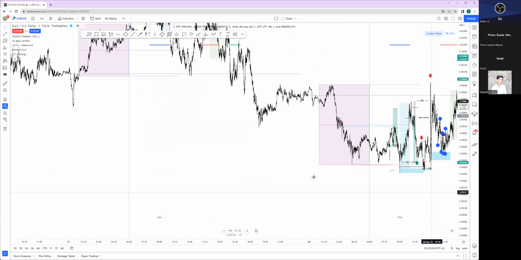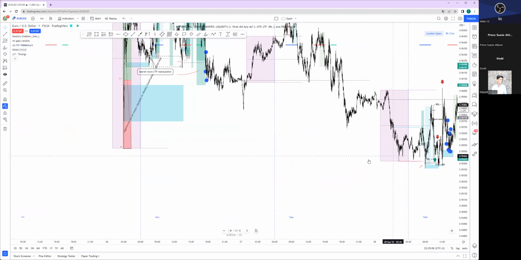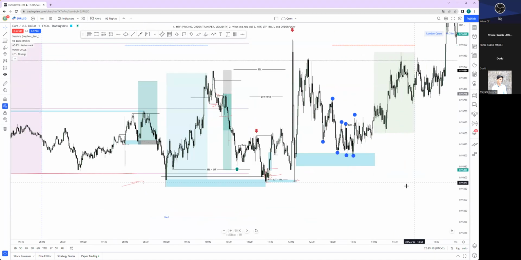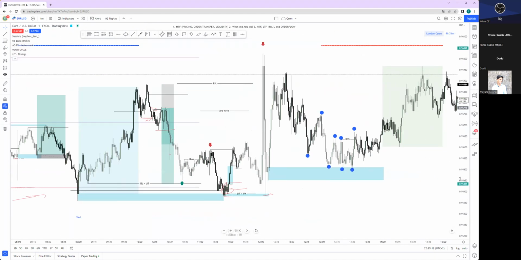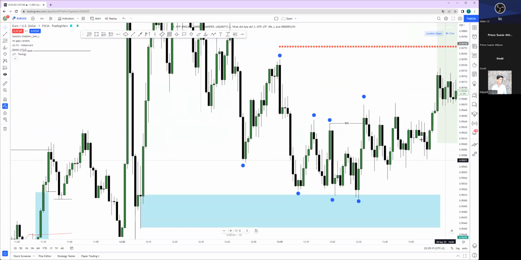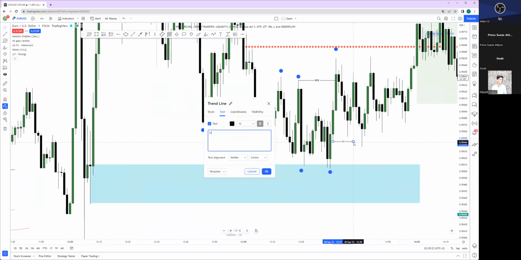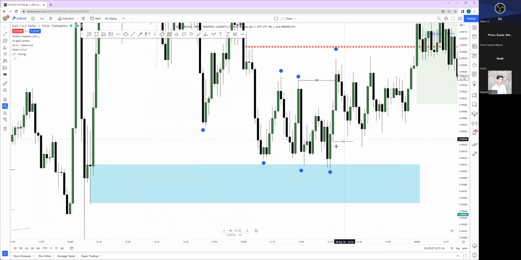And after realizing that the price broke the sell side liquidity, now it's most probably going to target the buy side liquidity. So how could you have taken trades from here? This is not a lit point, but it's a liquidity point still. And you can take 50%.